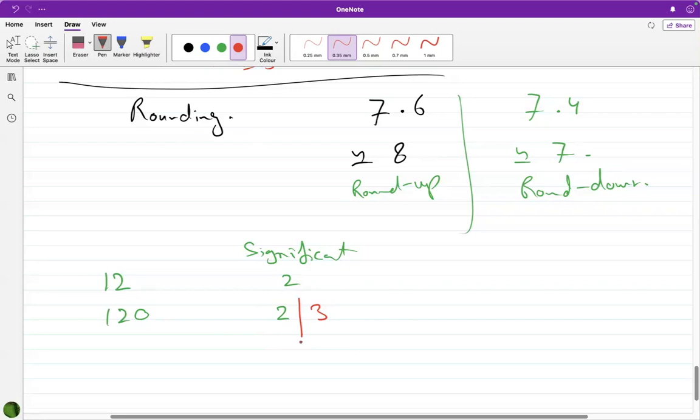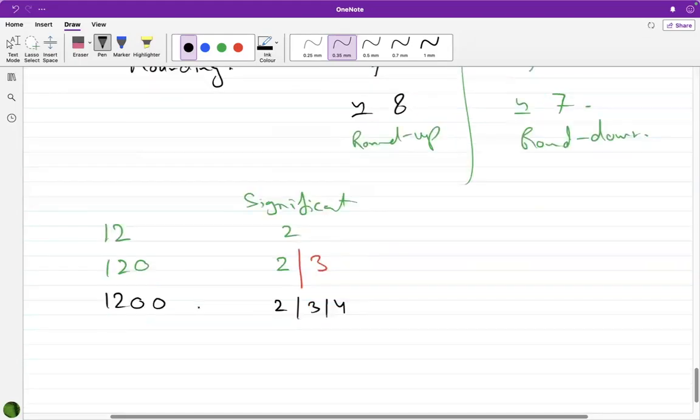Okay. 1200. 4. That is 1200. How many significant figures are these? 4 significant figures. So if you say 2, if you say 3, if you say 4, all three answers are correct.